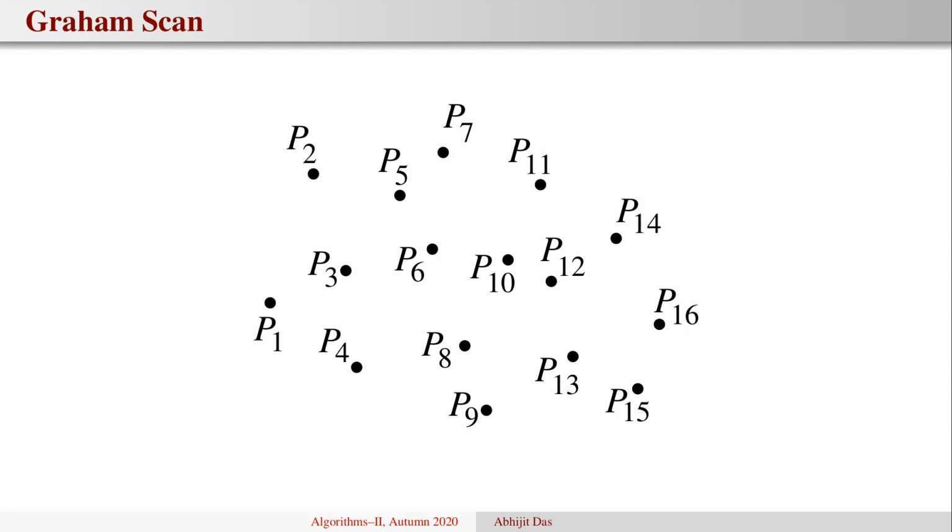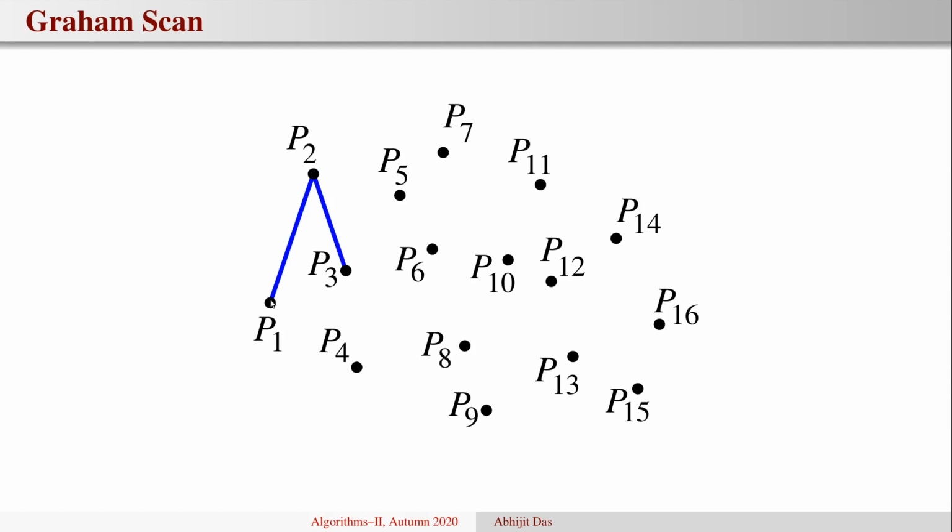Then you are trying to push P2. Okay. So this is straightforward because now the stack contains only one element. So you simply push P2. Okay. So the stack now becomes P1, P2. Okay. Then you consider P3 and you see that now this is the top of the stack.